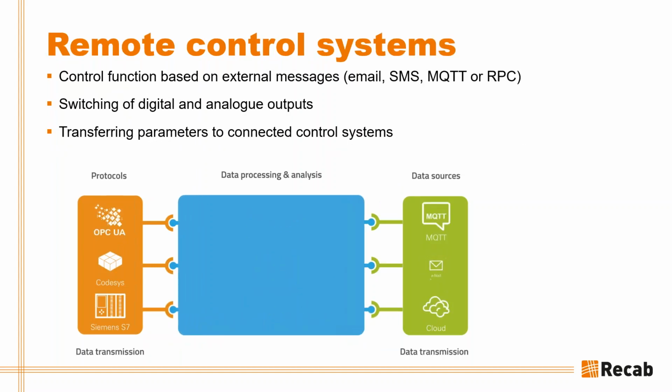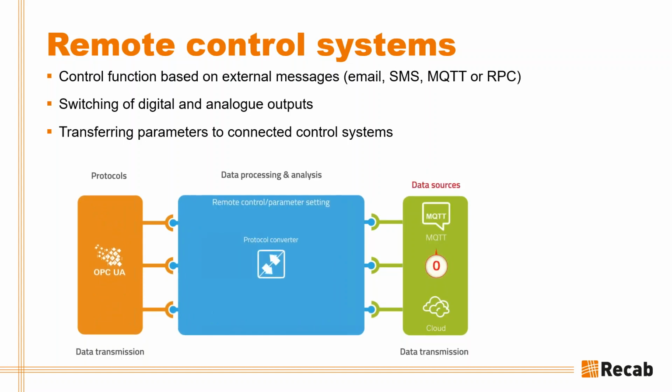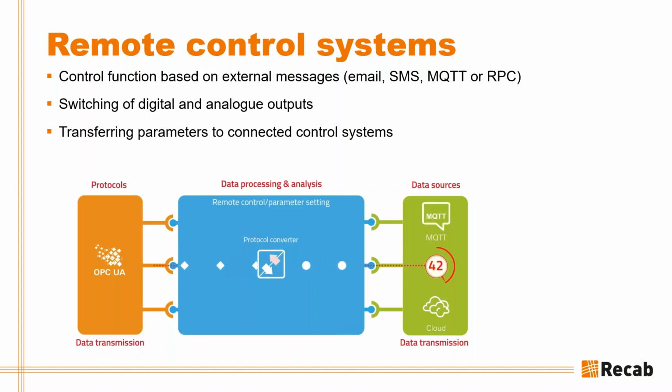You can also go the other way and use it to remotely control your system. So you can actually send commands or send parameters to the router with different types of messages, like email, an SMS, or MQTT, and use that to send the parameters to, in this case, an OPC UA system, or if it's a Modbus system or Siemens system.